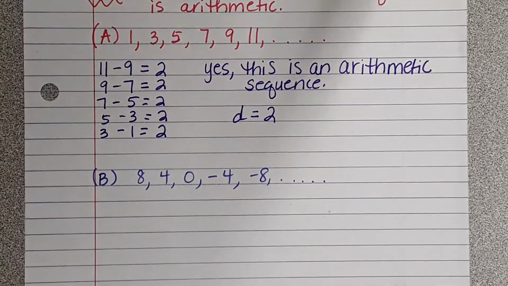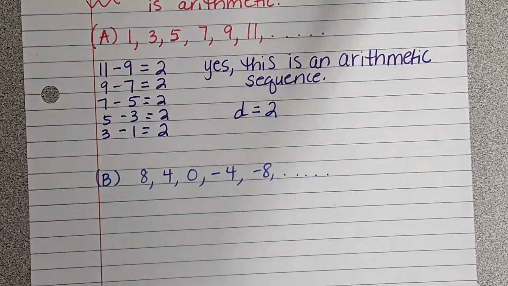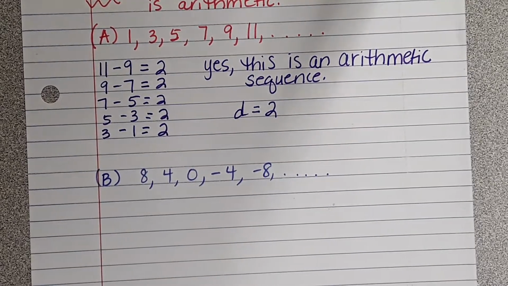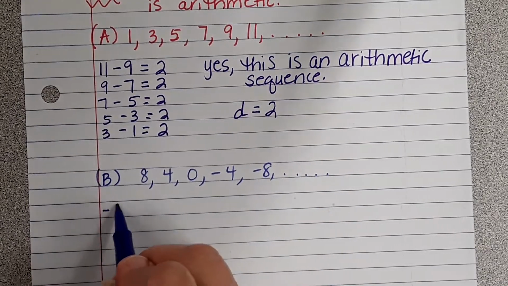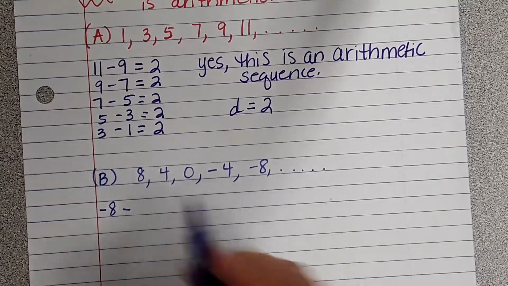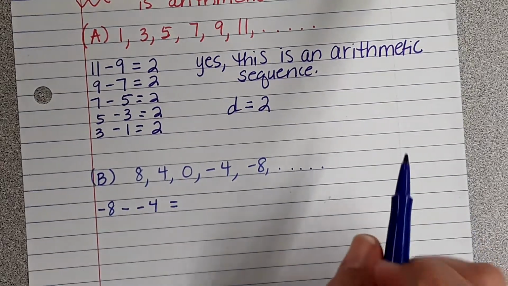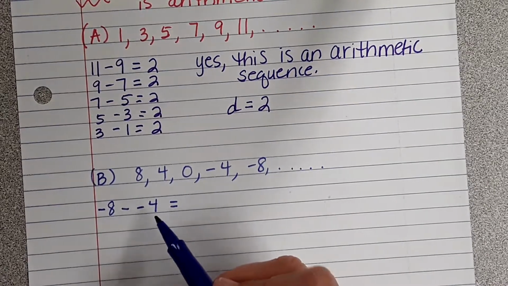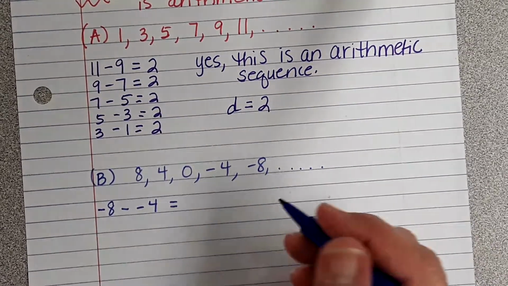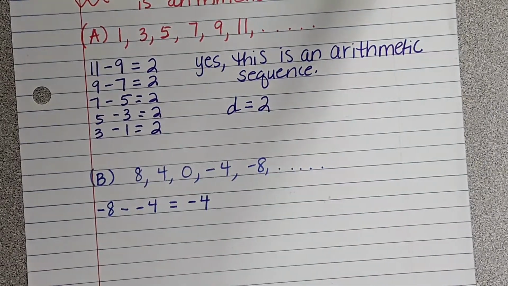Okay, so now we're going to do B. Okay, so here we go. So remember what I said. We're always going to start with this number. So negative 8 minus negative 4. Well, minus a negative is a positive. So negative 8 plus 4 is negative 4.